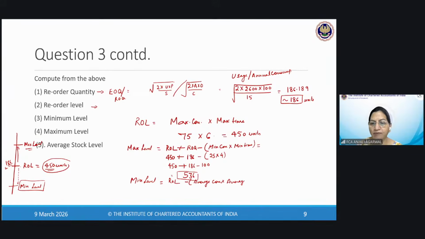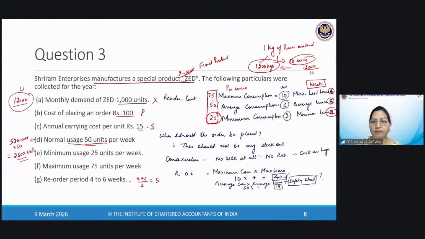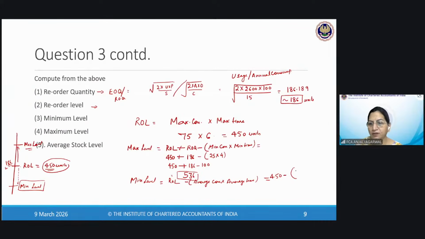So it goes 450 minus, average consumption is 50 and average time it takes is 5 weeks. So 50 into 5, 250 you would have consumed, 450 minus 250. So your minimum level will be 200 units.